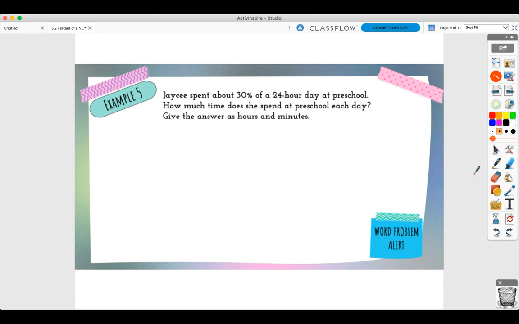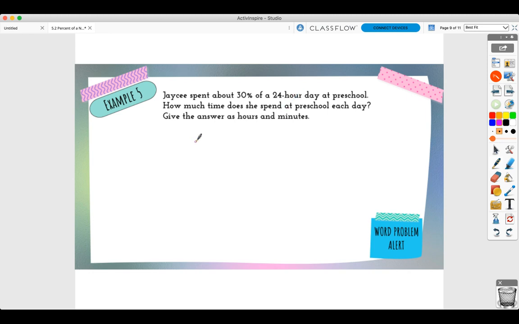Joy spent 30% of a 24-hour day at preschool. How much time does she spend at preschool each day? Give the answers as hours and minutes. Okay, so Joy spent 30% of a 24-hour day at preschool. How much time does she spend? So they're saying 30% of a 24-hour day.